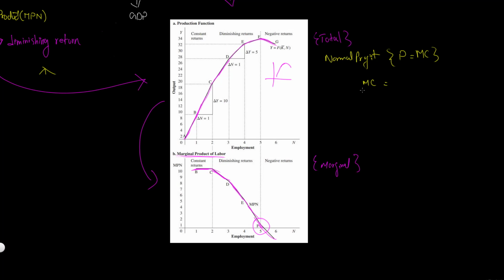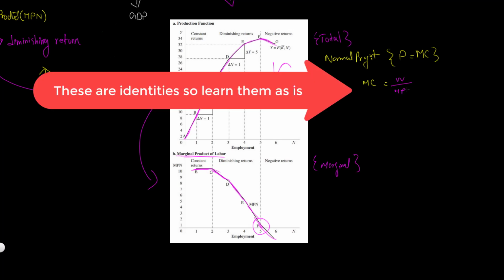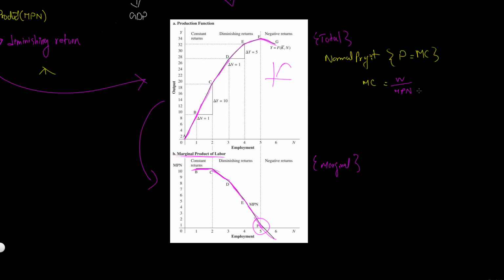And we also understand that marginal cost is equal to wages divided by marginal productivity of labor. This makes intuitive sense. P is equal to wage over marginal productivity of labor.